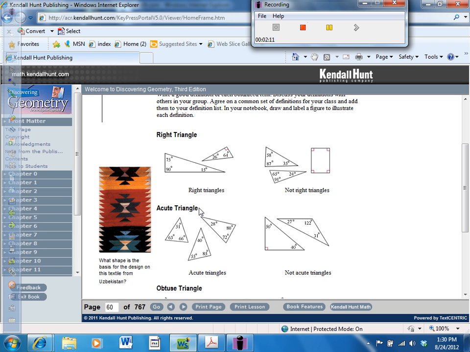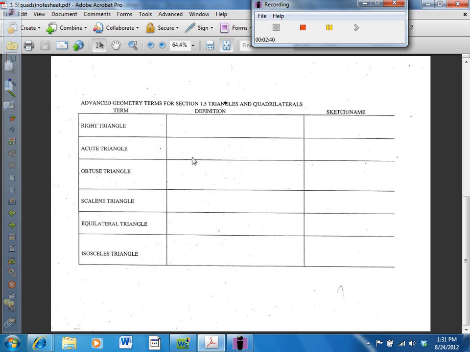Okay, Paige Smith: A triangle with all angles below 90. Very good. For an acute triangle, all angles have to be less than 90 degrees. They are kind of hard to draw.